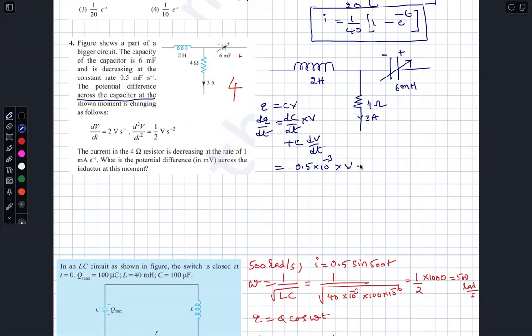V is 6 at that instant, dV by dt is 2. Right. Keep this aside. The current in the 4 ohm resistor is decreasing at a rate of... in this, minus dI by dt is equal to 1 into 10 power minus 3. Right. I am assuming this is IL and this is IC.